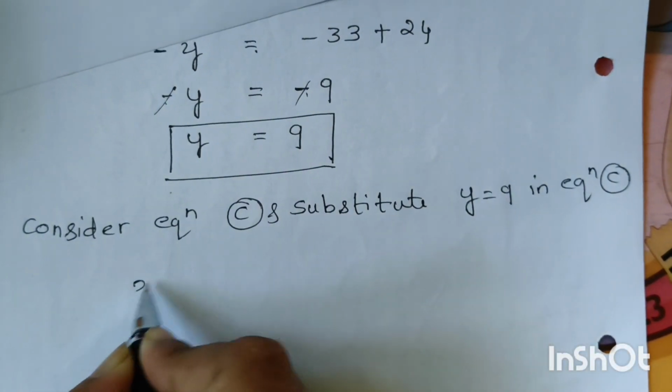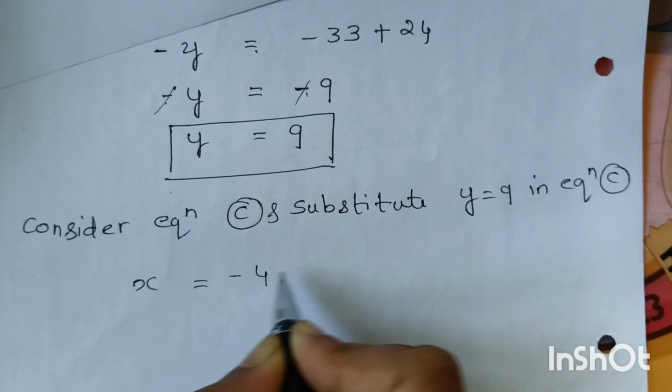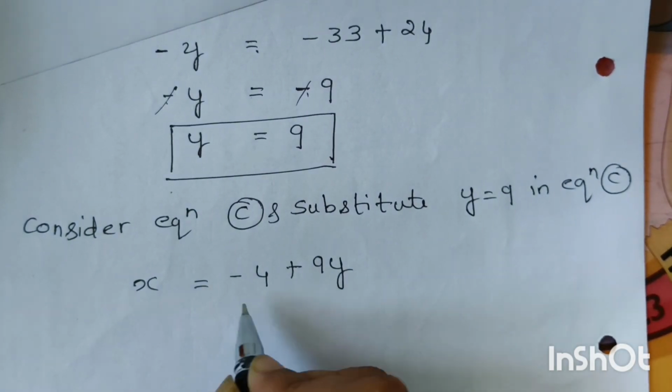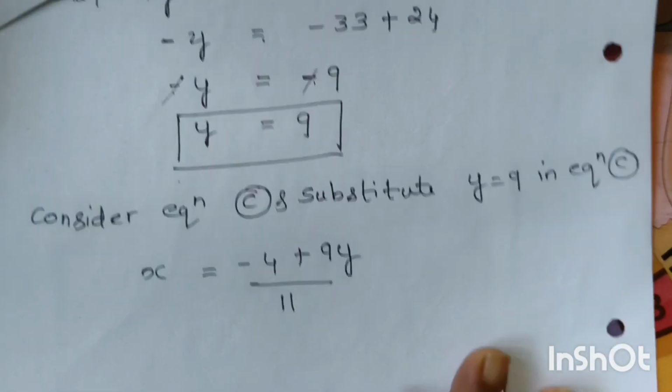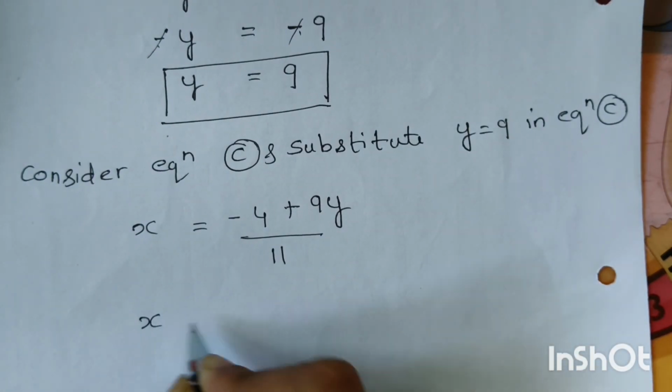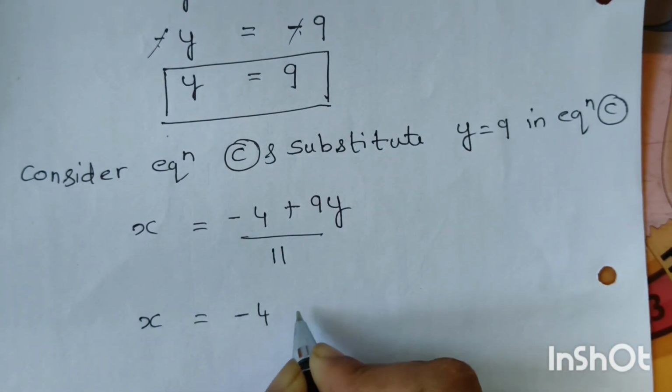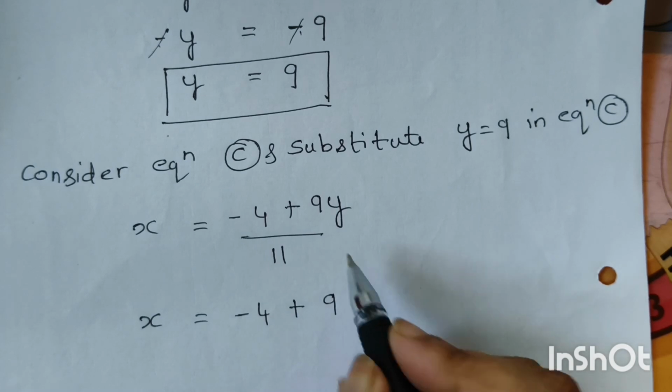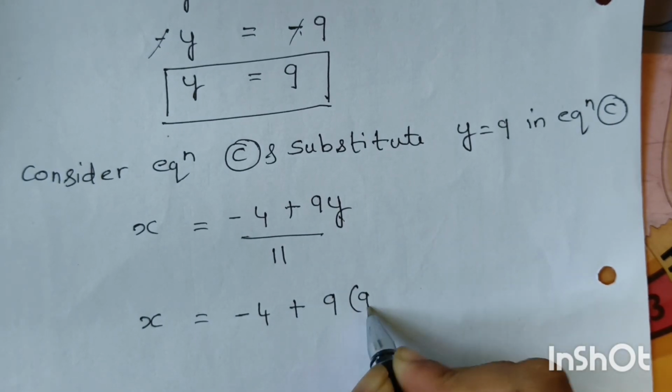This is our equation C. Let me write here. x is equal to minus 4 plus 9y divided by 11. x is equal to minus 4 plus 9 into y. The value of y is 9.